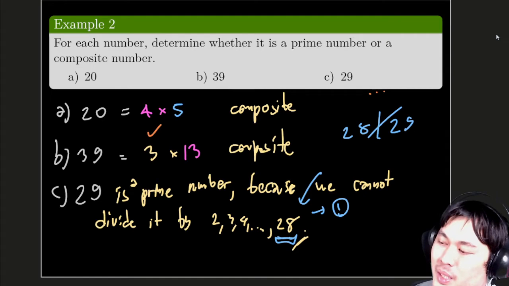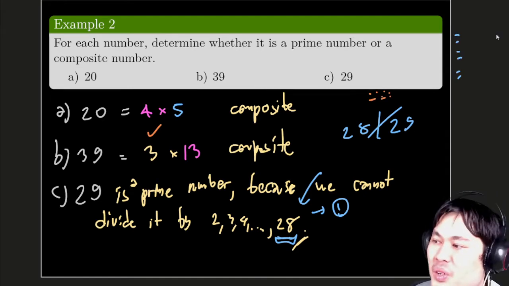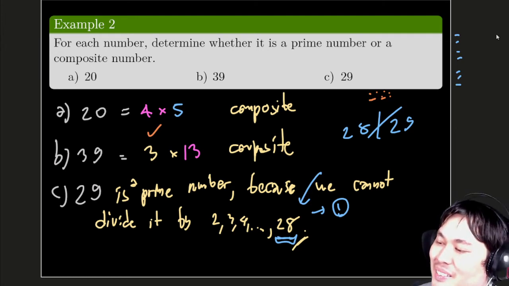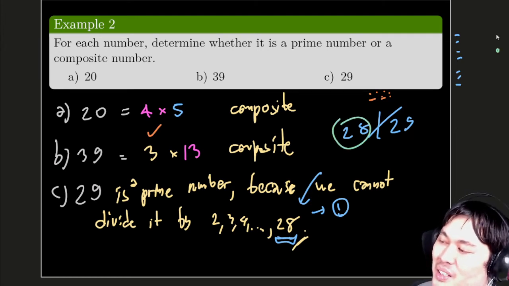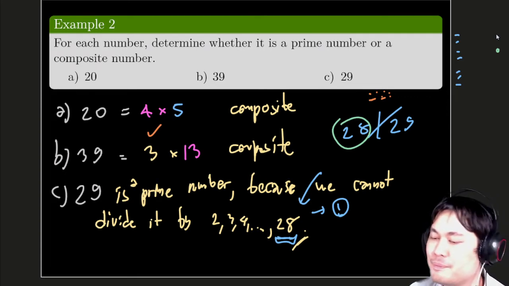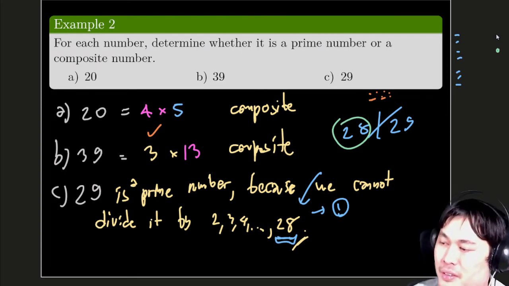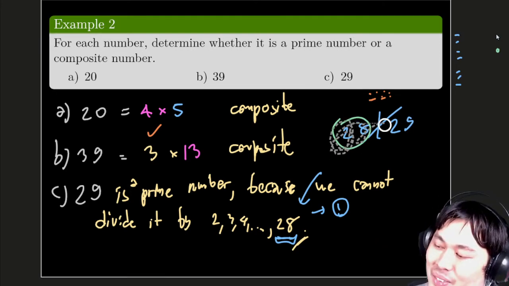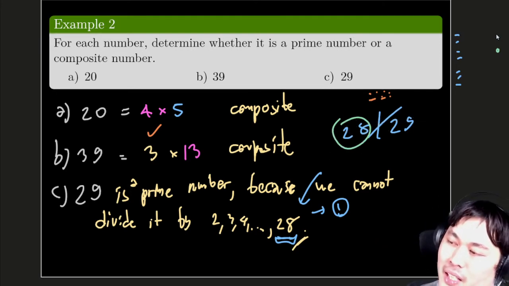If you have 29 dots and you arrange them into 28 rows, that's not going to work, because there are too many rows. There's going to be some leftover anyway. So in this case, it is obvious, quote unquote, that 28 is never going to divide 29.